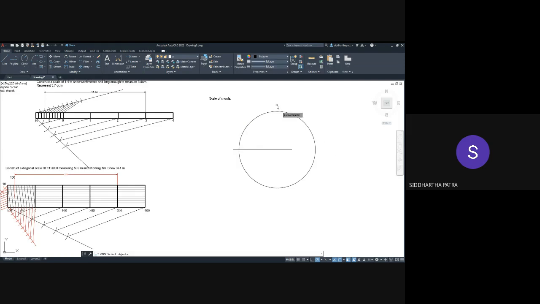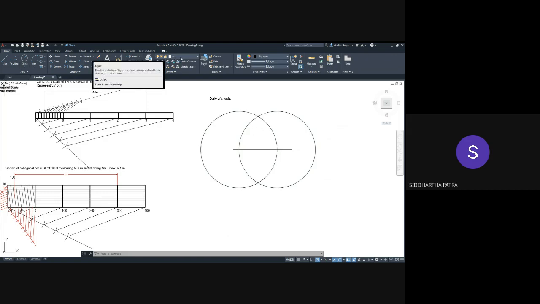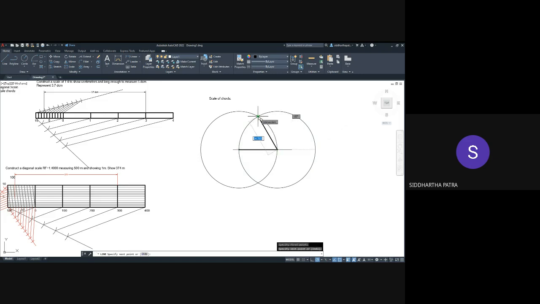Now taking the same radius, draw another arc. So if I join these three lines, I'm supposed to get 60 degrees.